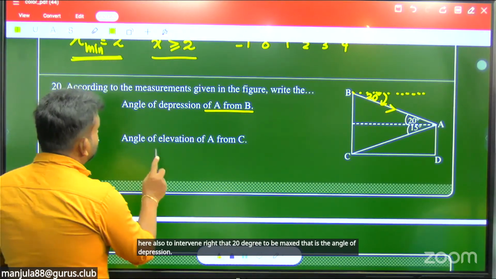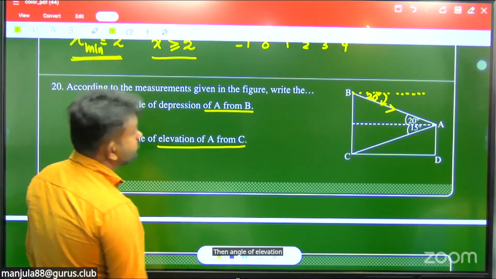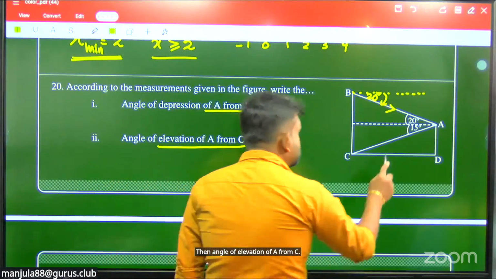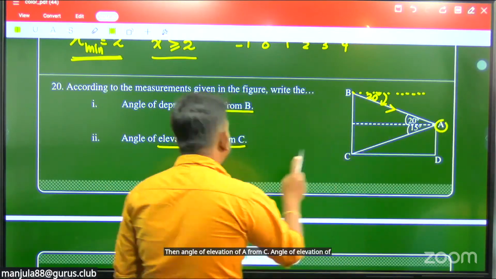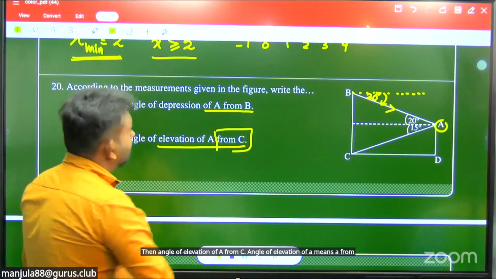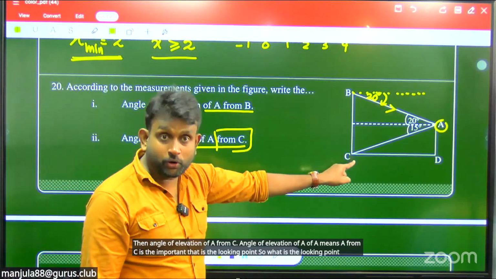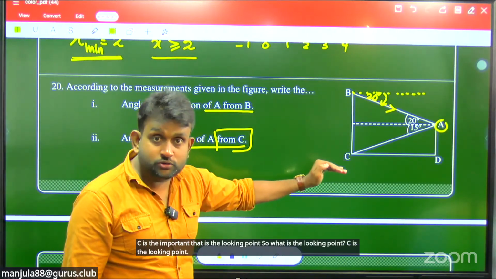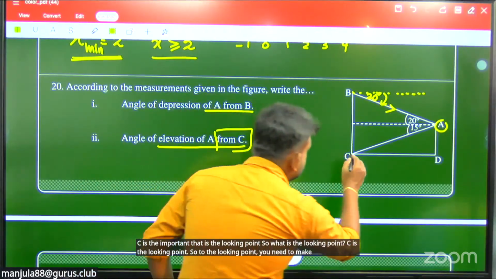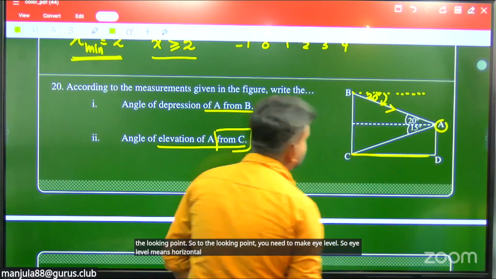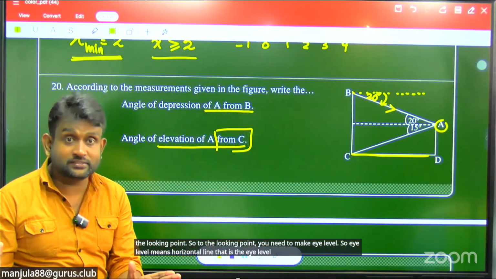Then the angle of elevation of A from C. Here A from C is the important part, C is the looking point. So at the looking point you need to make the eye level. Eye level means a horizontal line, so automatically CD comes as the eye level.